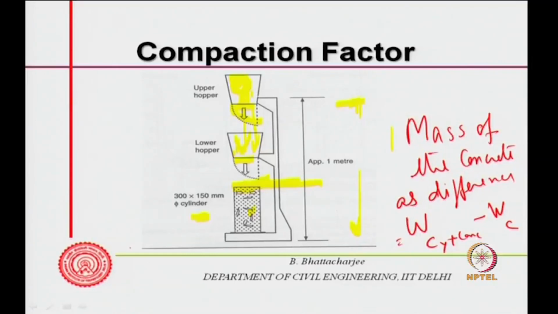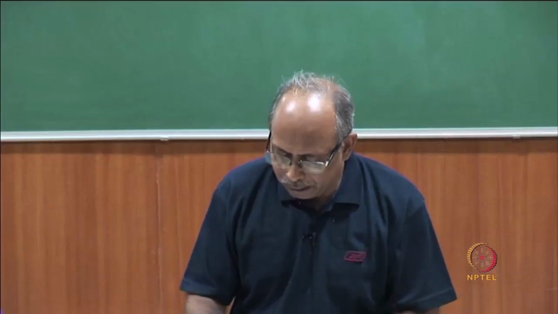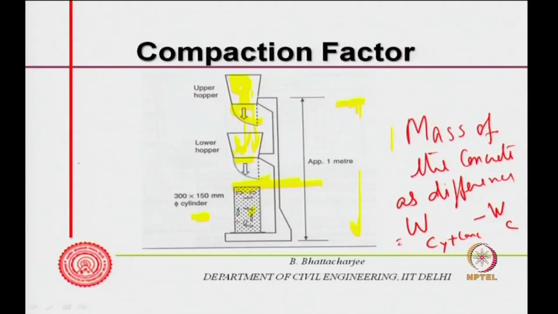Now, the volume is known. Next what you can do, you can take this cylinder, put in more concrete and then compact it in a standard manner. Let us say this one, after the drop, is W 1.